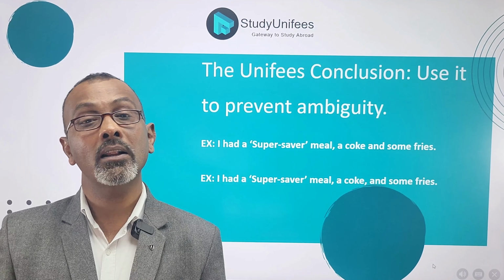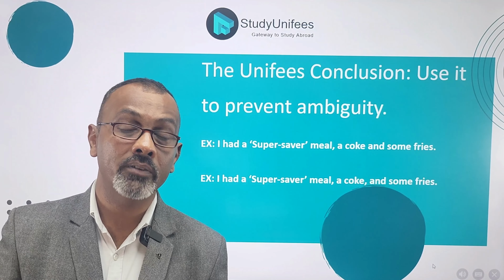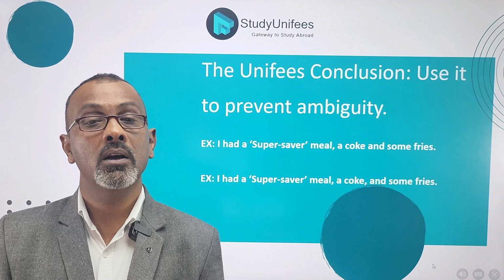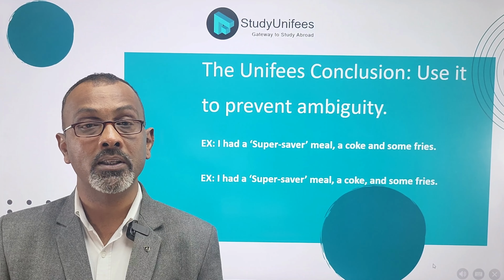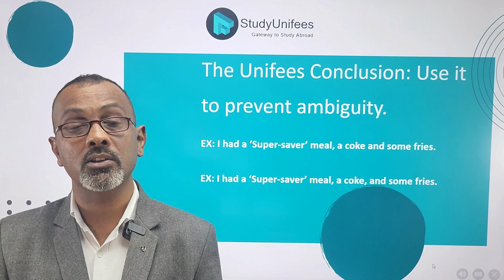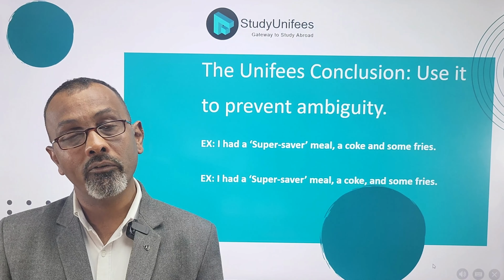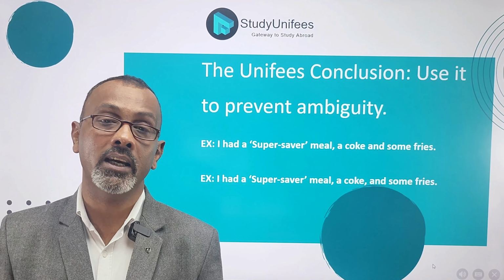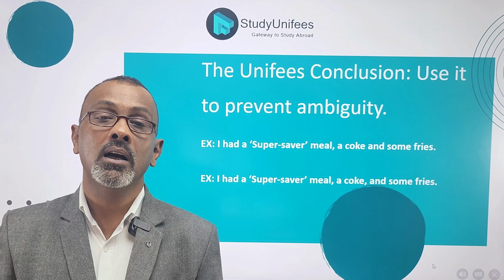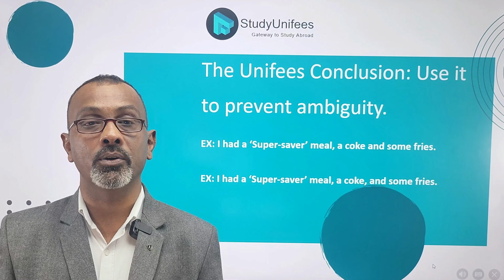This means that you had three things: a super saver meal, a Coke, and some fries. To avoid this kind of ambiguity, especially when there is a phrase right at the end of the sentence modifying the object, or when there are lists of nouns at the end of the sentence, sometimes in circumstances like this, an Oxford comma must be used.